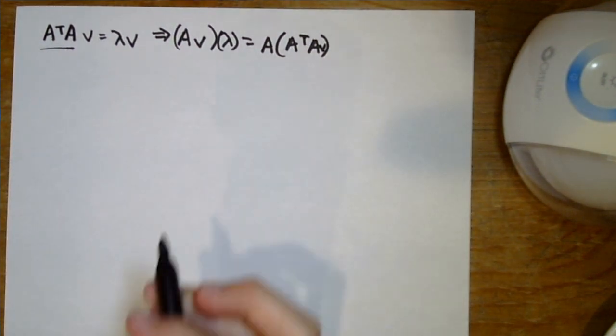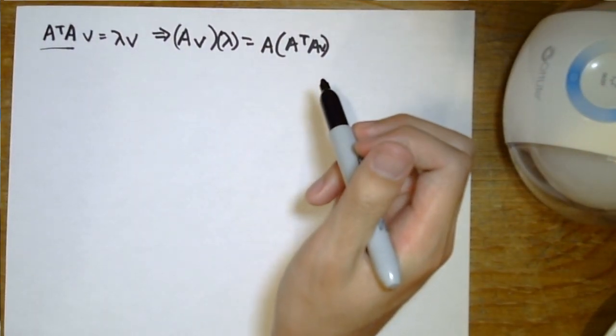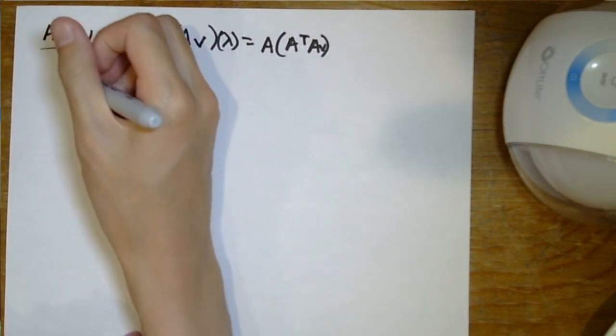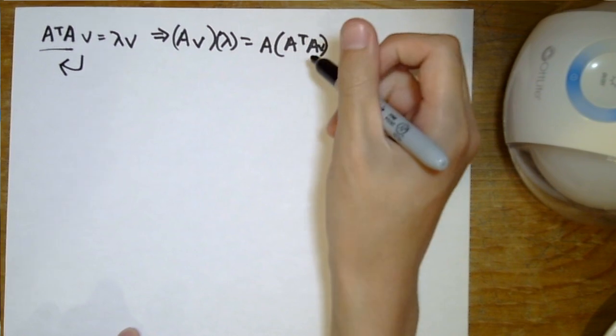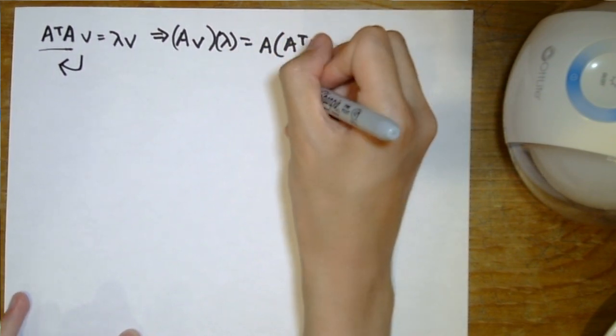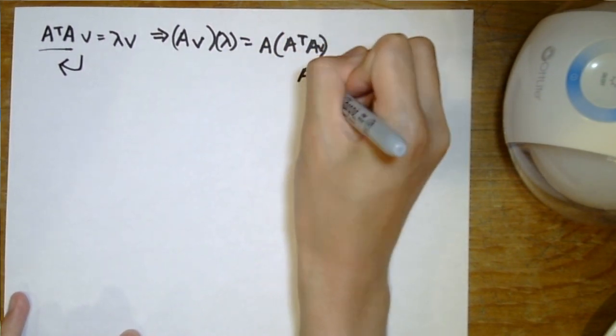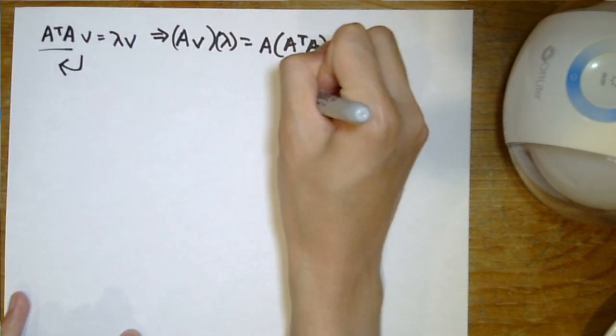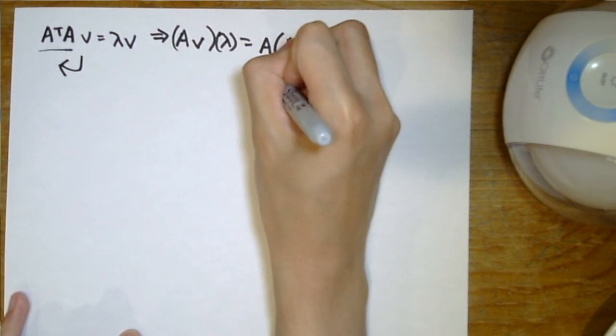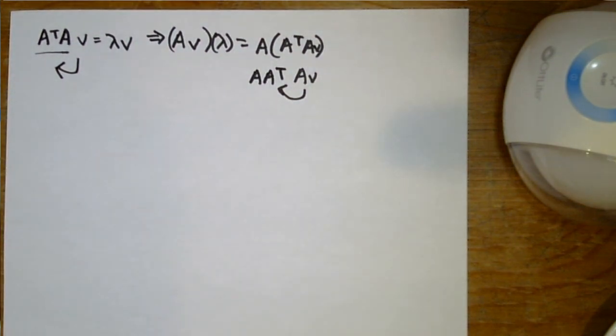And this identity essentially shows that if we have an eigenvector of this matrix, then this guarantees that this matrix times the eigenvector is an eigenvector of A times A transpose. So what have we done here?